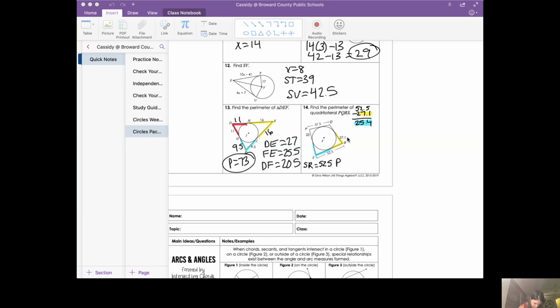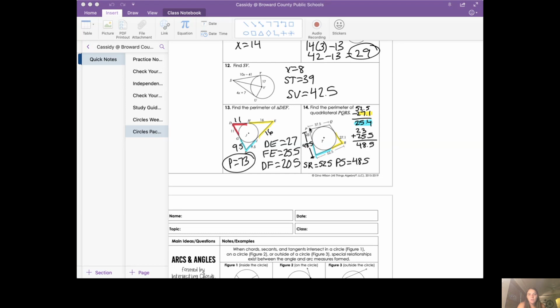PS is 23 plus 25.4, which is 48.4. So that's PS. We know that because this blue part right here is 25.4 and this piece is 23. So all we did was add those.